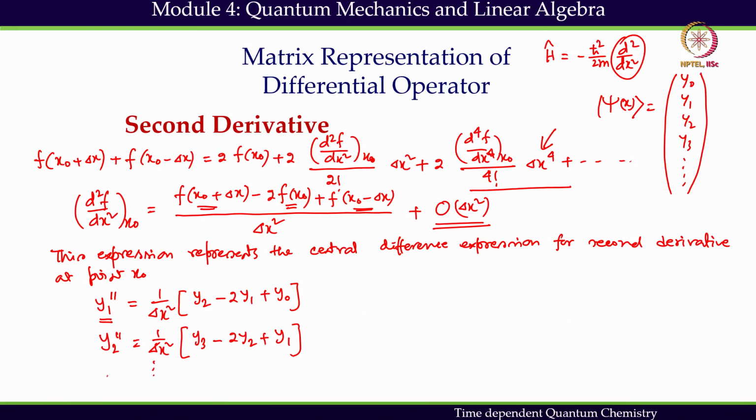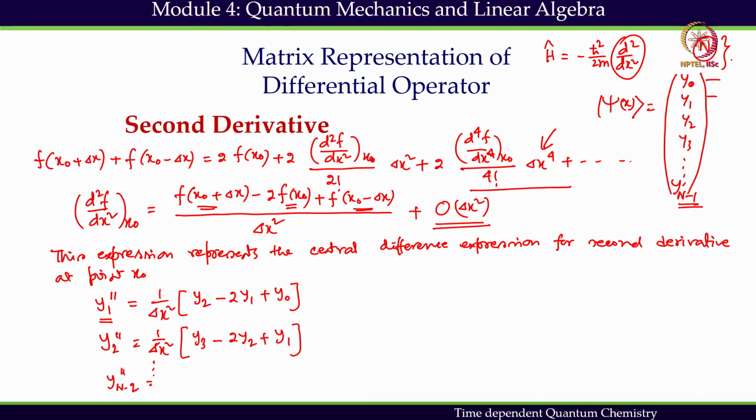Finally, I can have the y n minus 2 position, because here we have n minus 1; the total number is n points, starting with 0, that is why it is ending at n minus 1 if I have a total of n points.